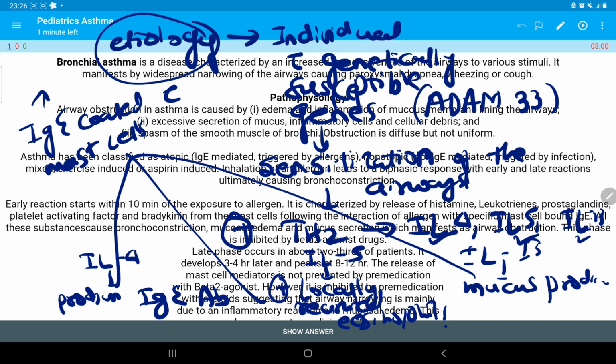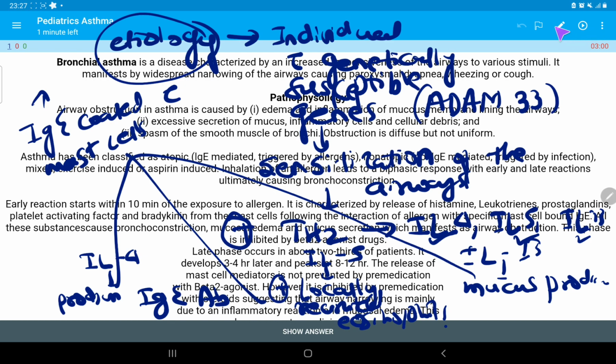Interleukin 4 causes production of IgE antibodies, interleukin 5 causes activation of locally recruited eosinophils, and interleukin 13 causes mucus production, and then IgE coats the mast cells. Mast cell degranulation takes place if there is repeated exposure. As a result, there are two phase reactions, the early phase reaction and the late phase reaction.